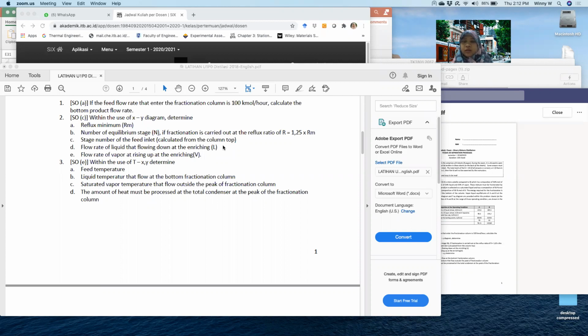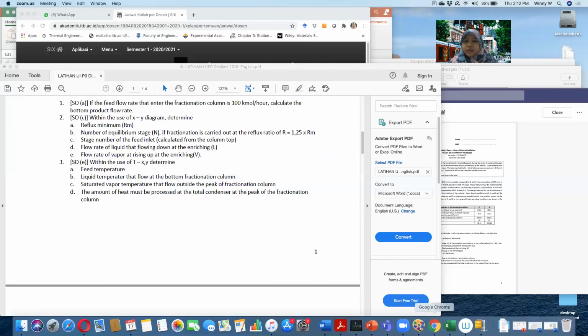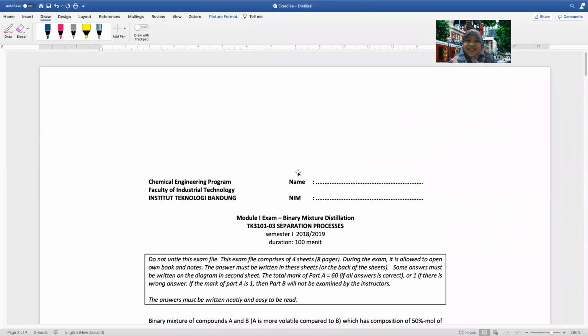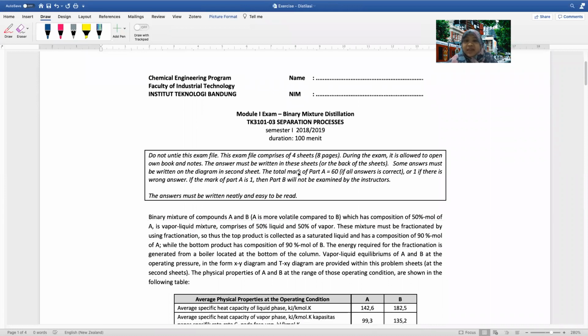Can we submit it as JPG? No, you need to use PDF. How long does it take to convert to PDF using CamScanner or something like that? Maybe 5 minutes, I think so.